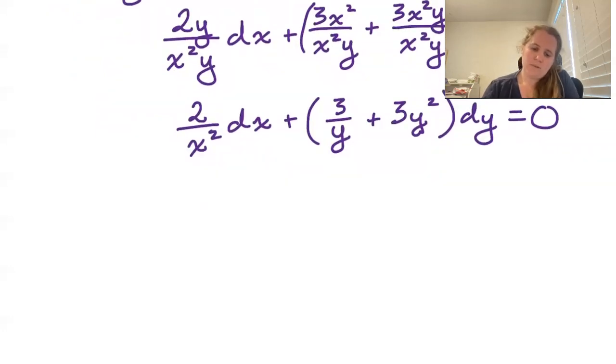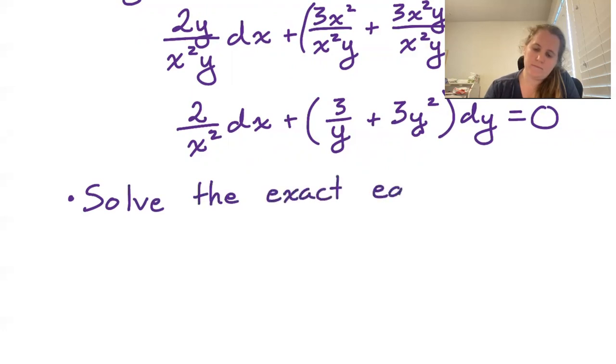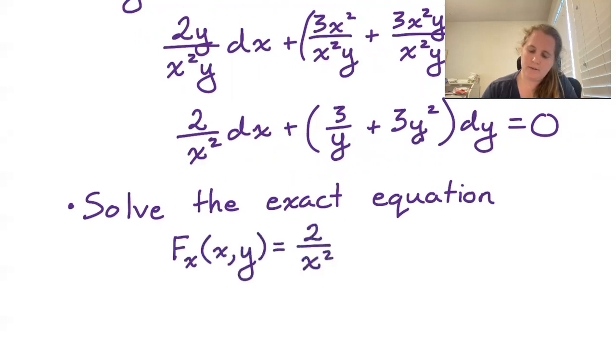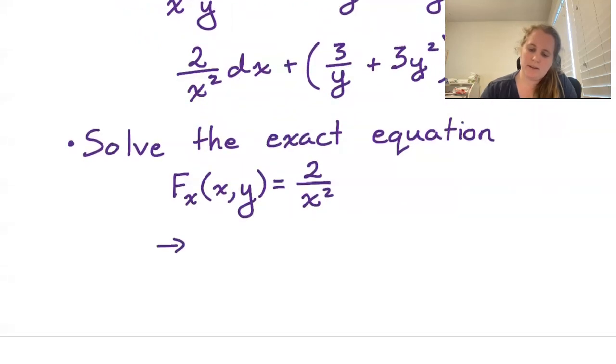From here, we can go ahead and solve the exact equation. It doesn't matter which one we take, so let's use the fact that f sub x of x, y is equal to 2 over x squared. Then we would get that f of x, y is the integral of 2 over x squared dx.